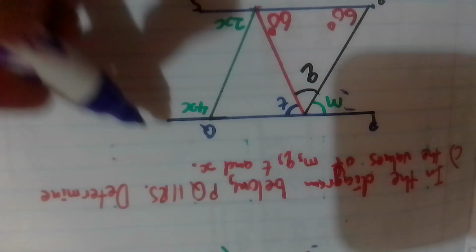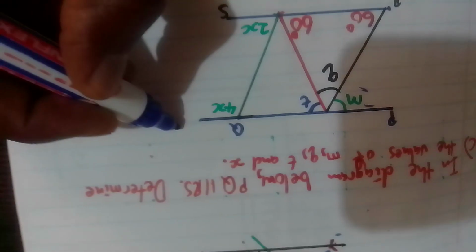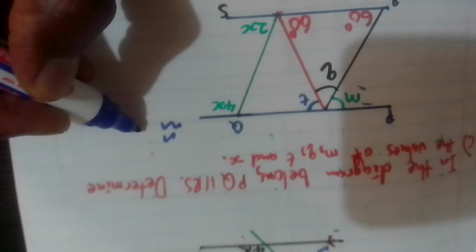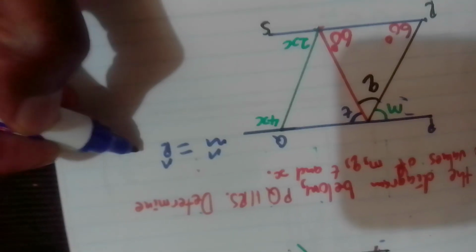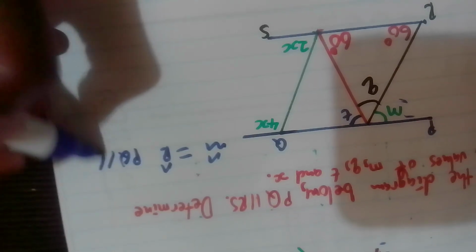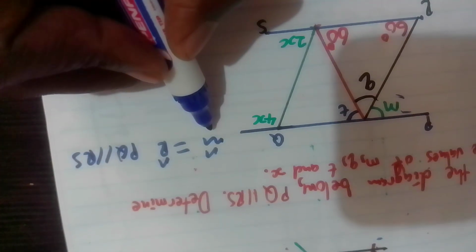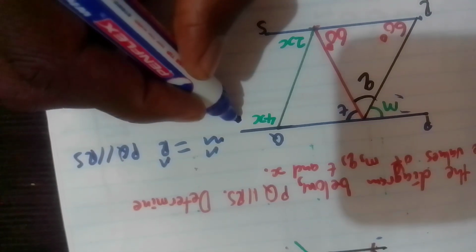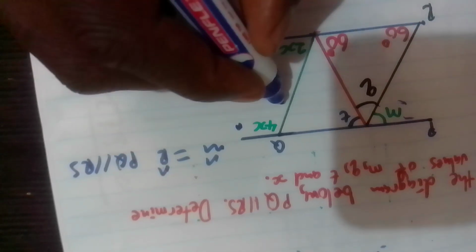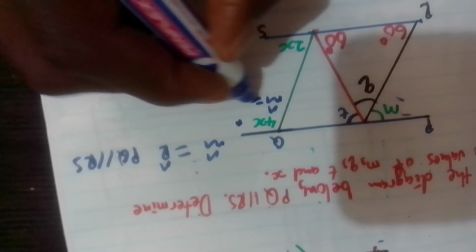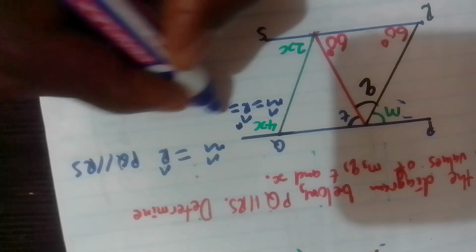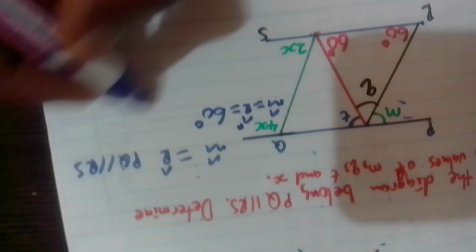So we say angle M is equal to angle R, and this is due to the reason that line PQ is parallel to line RS. So angle M is equal to angle R, which is equal to 60 degrees.